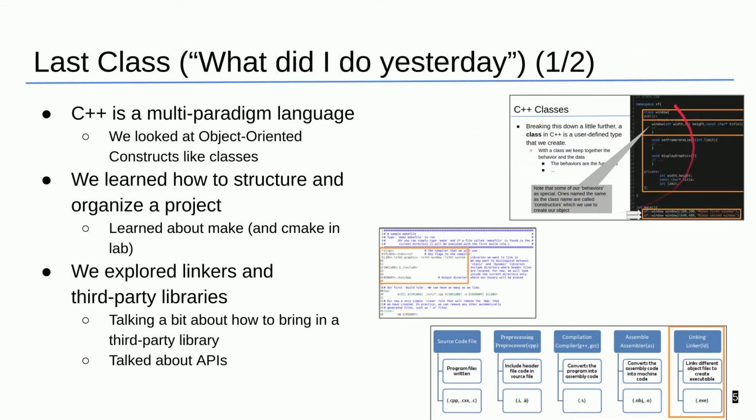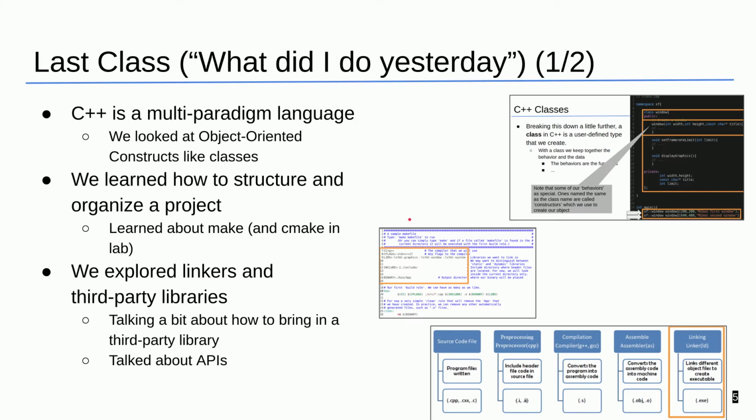Okay, so we looked at some examples here with the window. We talked a little bit about how to structure and organize our programs, both in the sense of making things into classes, moving things into namespaces so they're sort of organized or logically grouped, and then even things about how to organize our file directory structure and use tools like make and CMake to build our projects to help us iterate on them.